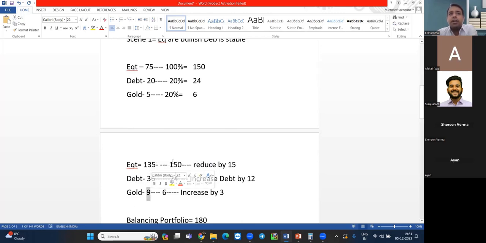So what I will do is, since my new value of equity is 150, I will rebalance by reducing 15 rupees. That means booking some profit in equities and allocating this particular 15 rupees as 12 rupees in debt and 3 rupees in gold, because that will balance the portfolio as per the aggressive risk profiler requirement.